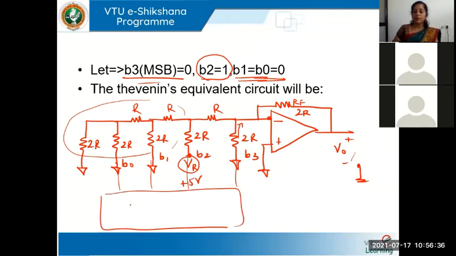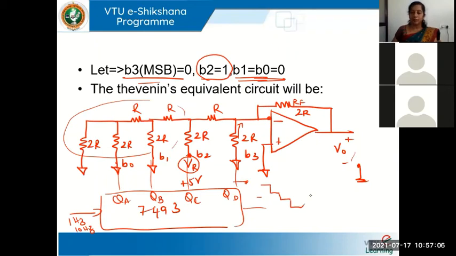You can have a counter, and the outputs of the counter QD, QC, you can connect this here, okay, QB and QA, and you can give an input clock of 1 hertz or 10 hertz or something like that. You will observe the output at this point.